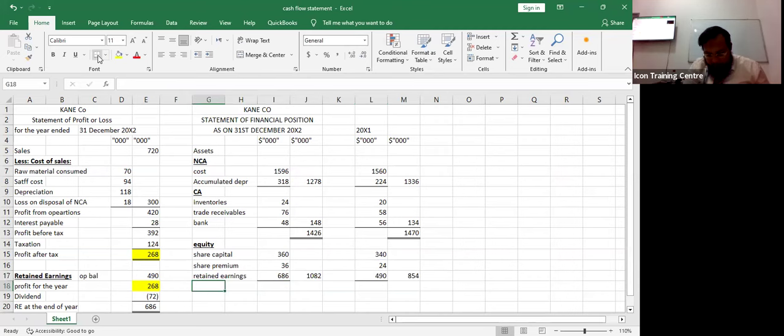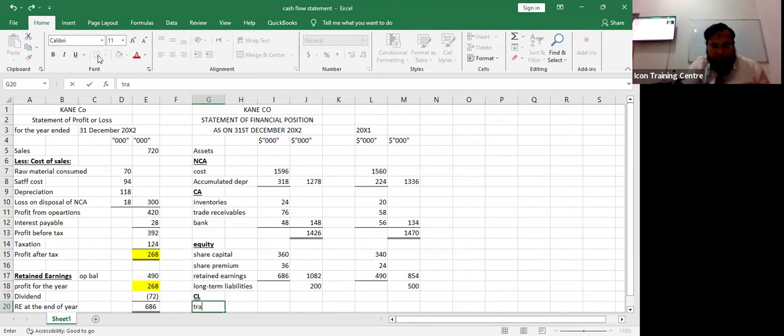Then we have liabilities. Long-term liabilities: it is 200. And here, how much? 500. Then we have current liabilities.